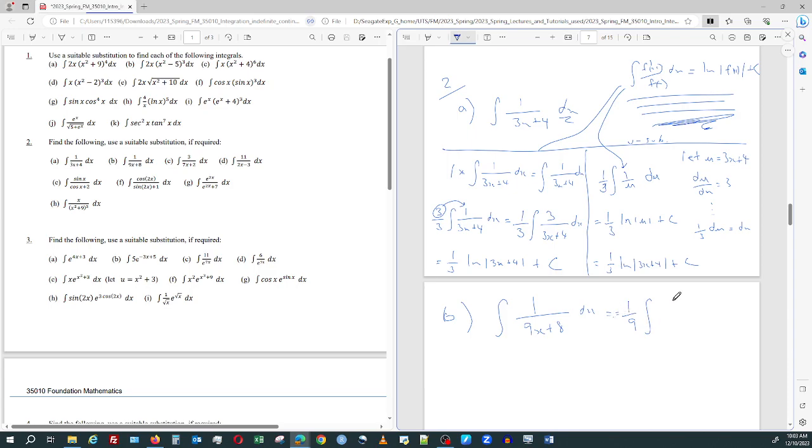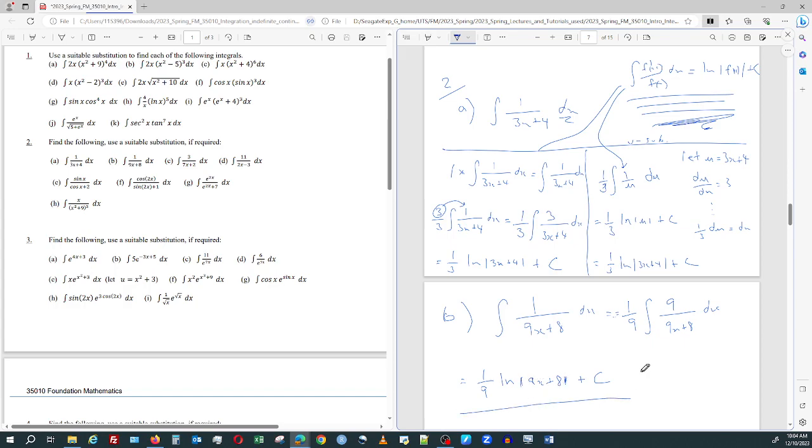I'll put the 9 on the top. Is that now the derivative of the denominator on the numerator? Yes, it is. So we can now go straight to the substitution, another easier form where we just take the log of the denominator, plus capital C.